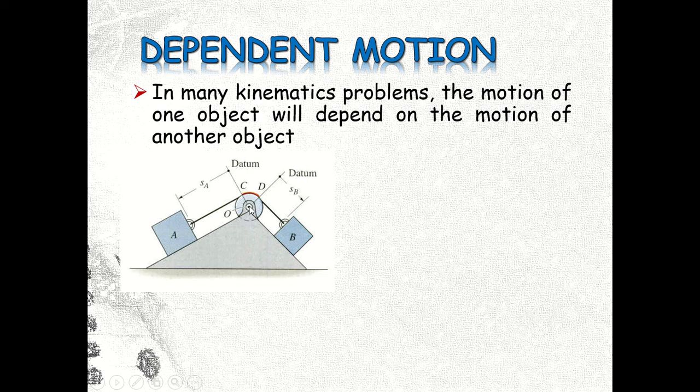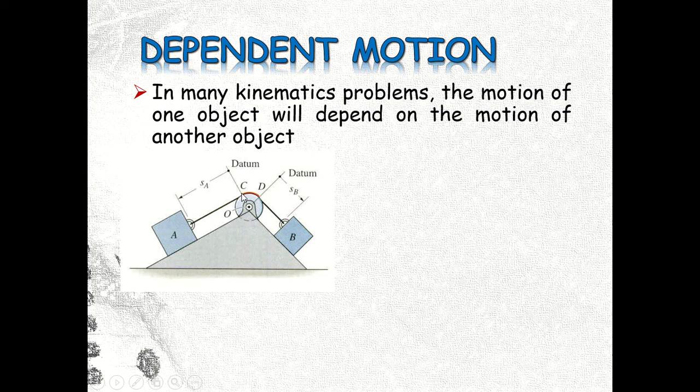So let's make this point here our point of origin, a fixed point. This is our reference point to which the datum is referred. This is the datum with respect to this, and also this is the datum with respect to this, and both of them are referred to this point.